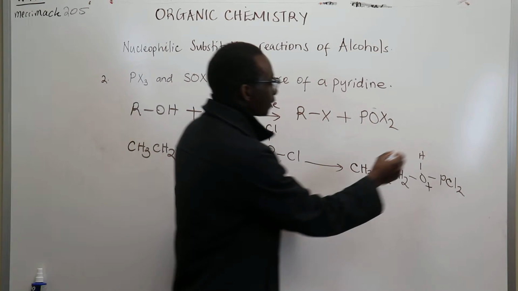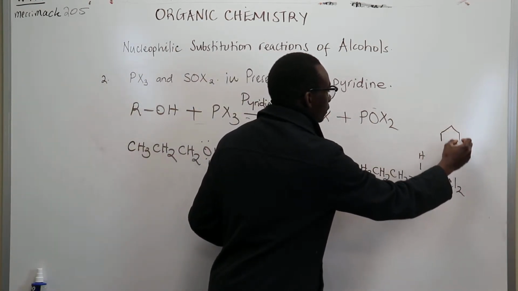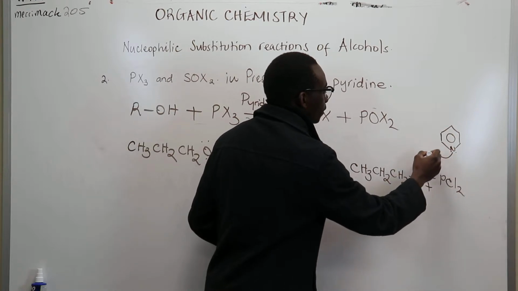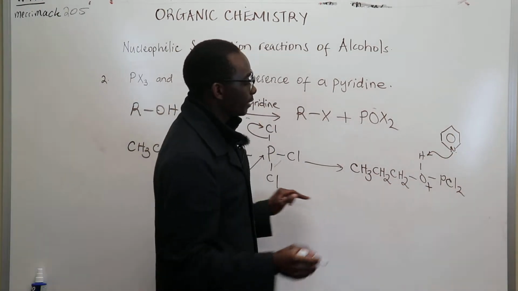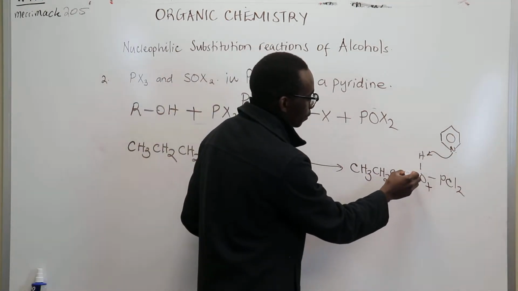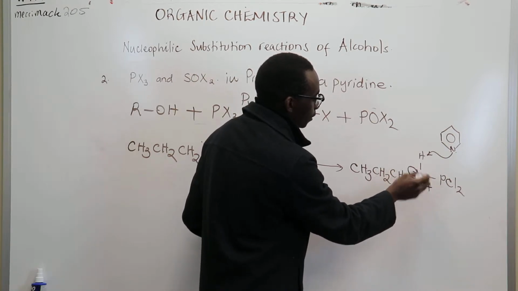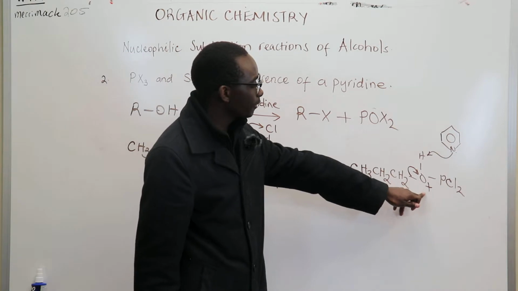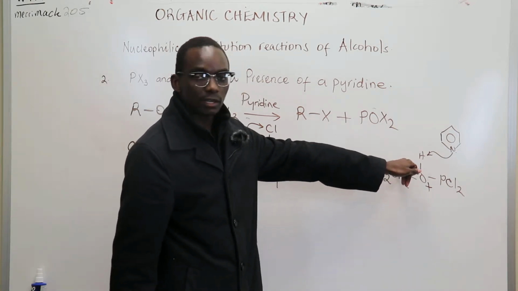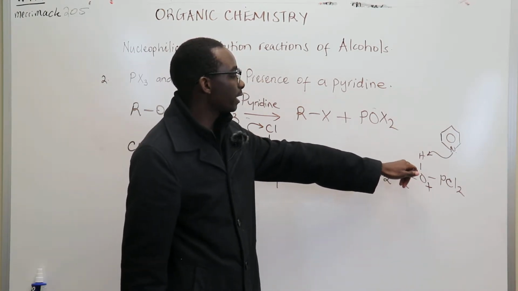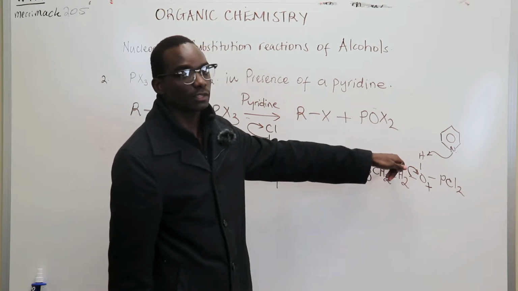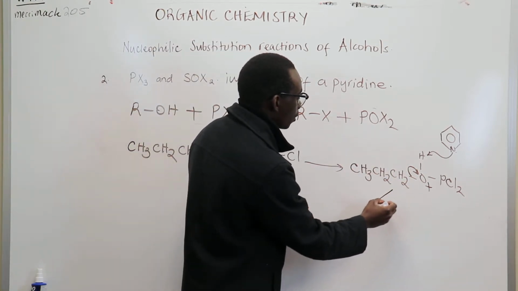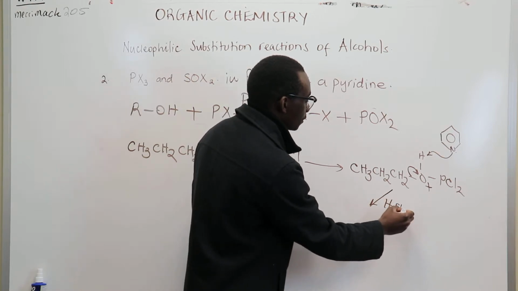Again, the pyridine will come for the hydrogen, and this bond will break off in favor of the oxygen. But when this bond gets off, this carbon will get a positive charge, so it will be a primary carbocation which is unstable. So therefore on this step we shall have what we call a hydrogen shift.